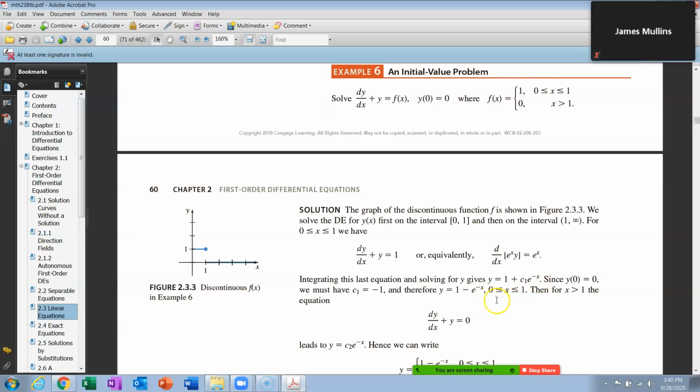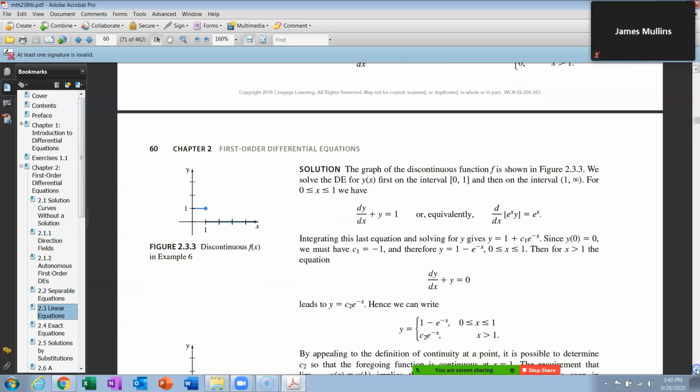And that's good for everywhere x is between 0 and 1. When it's greater than 1, then this equation holds. Okay? And that leads to this, and I think that's pretty much what we got. Okay? Now, you get this form for anything x between 0 and 1. This form anywhere x is greater than 1.